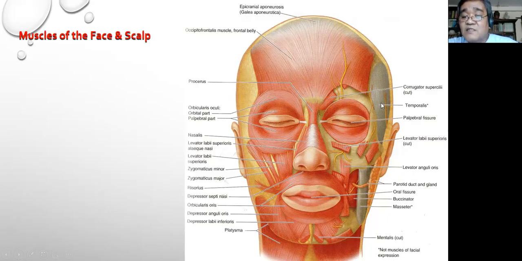These are the muscles of facial expression over the frontal aspect of the dome of the skull, also at the posterior portion, also muscles around the eye, muscles around the nose, muscles around the mouth, and also over the neck. One of these muscles, if it contracts, can convey a particular type of emotion.